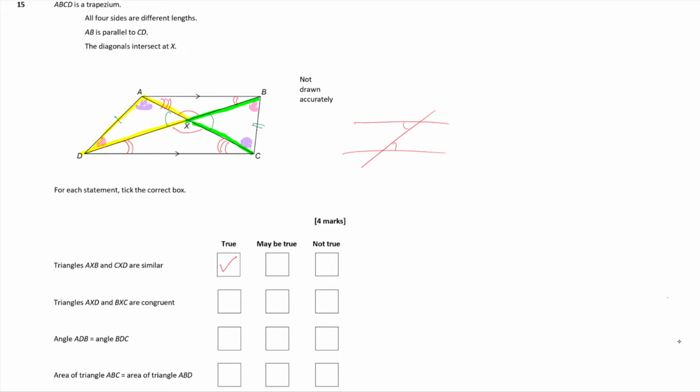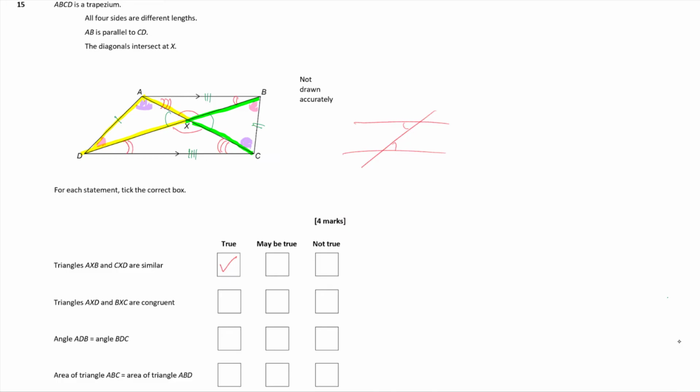In order for these two lines to be parallel, the only way that could happen is if AB was the same length as DC, and we know for sure they are all different lengths. So that is a different length from that one. Therefore AD cannot be parallel to BC, and therefore A is not going to be equal to C and B is not going to be equal to D in terms of their angles.